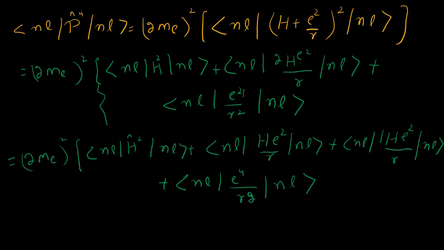Further, as you know, whenever we apply the Hamiltonian on any state |nl⟩, in return we get the energy times |nl⟩, the energy eigenvalue, as the Hamiltonian is the energy operator and its corresponding value is the energy. So in the above equation I can replace the Hamiltonian by its eigenvalue, so I can simplify this equation.